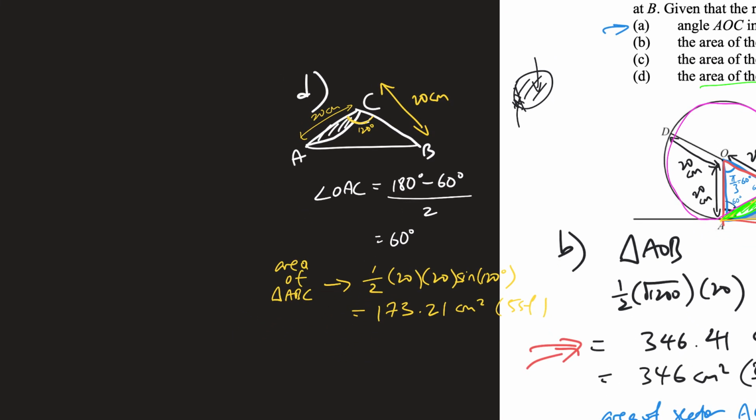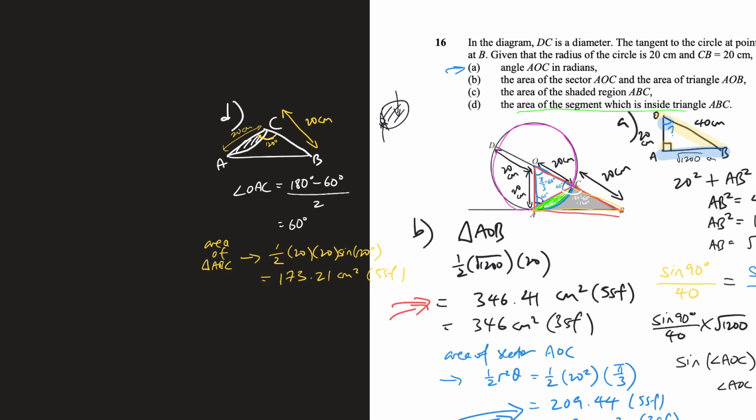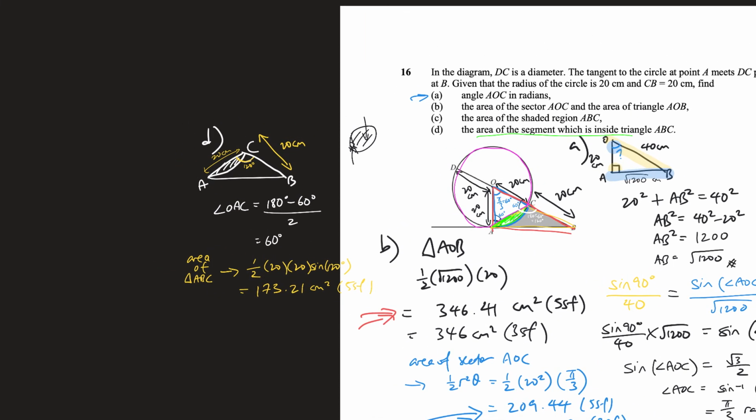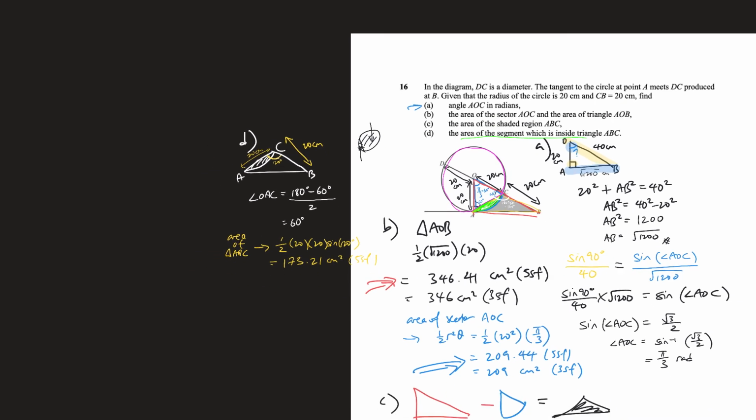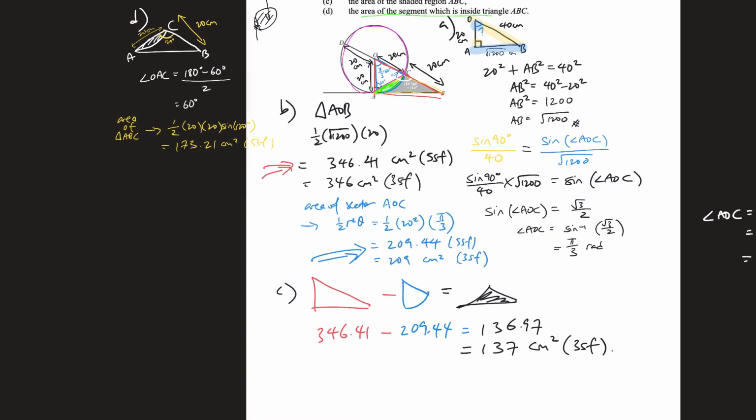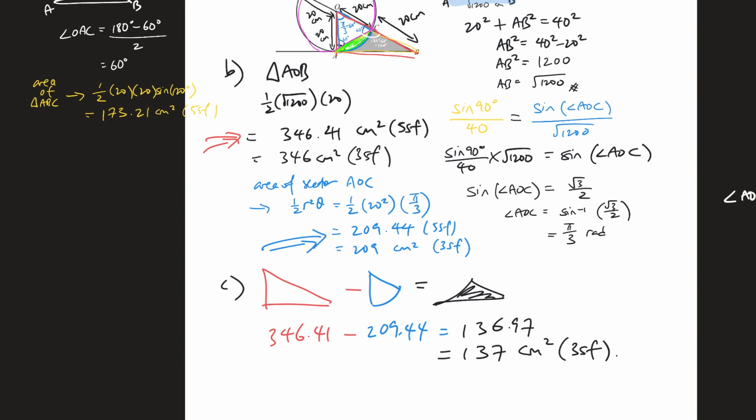because we're not done, because we're supposed to find, we only found this area, we're supposed to find this small area, but if you look, we already found the shaded region, right? Which was, if I take a look, 136.97 over here.